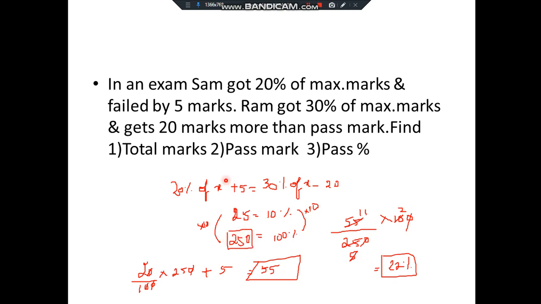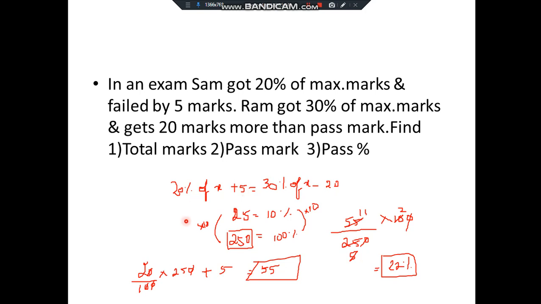Next, pass mark we have to find. So you can use either the left hand side equation or right hand side equation to find the pass mark. So we know 20% of the total mark plus 5, if he gets, it is equal to the pass mark, or else 30% of x minus 20 is equal to pass mark. So I will use 20%.